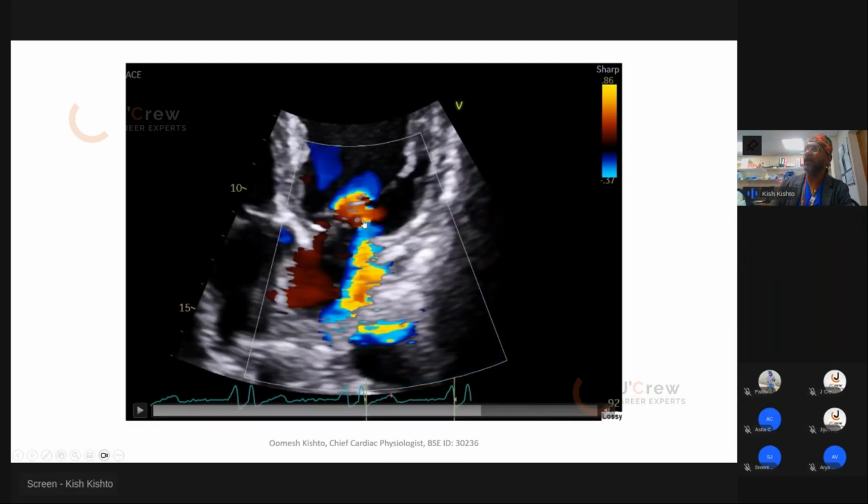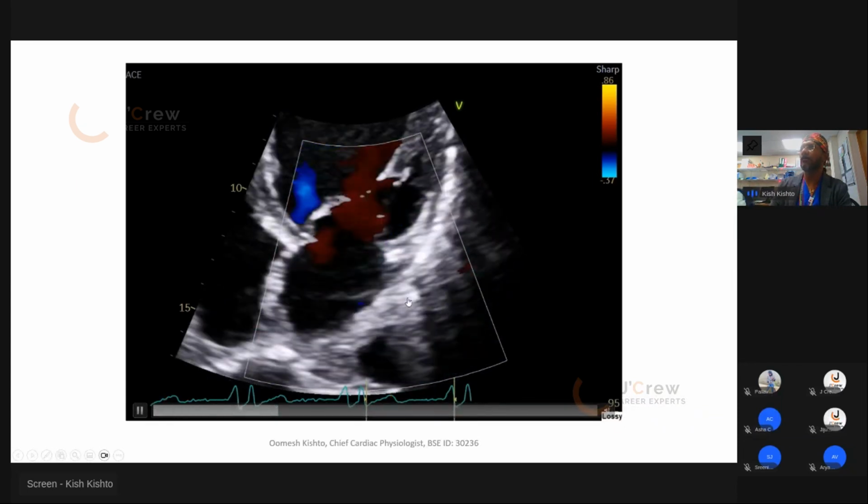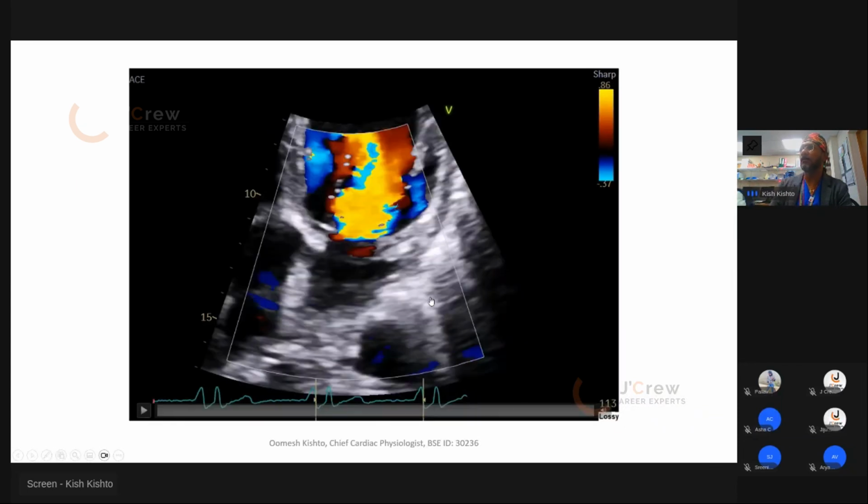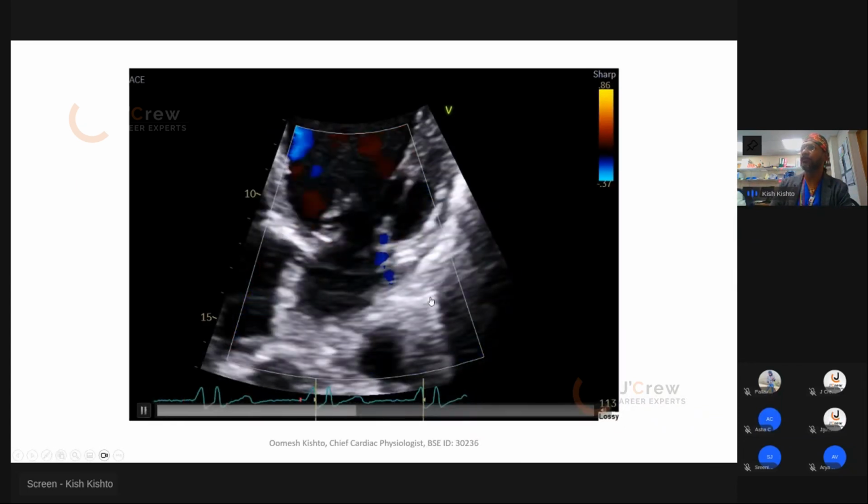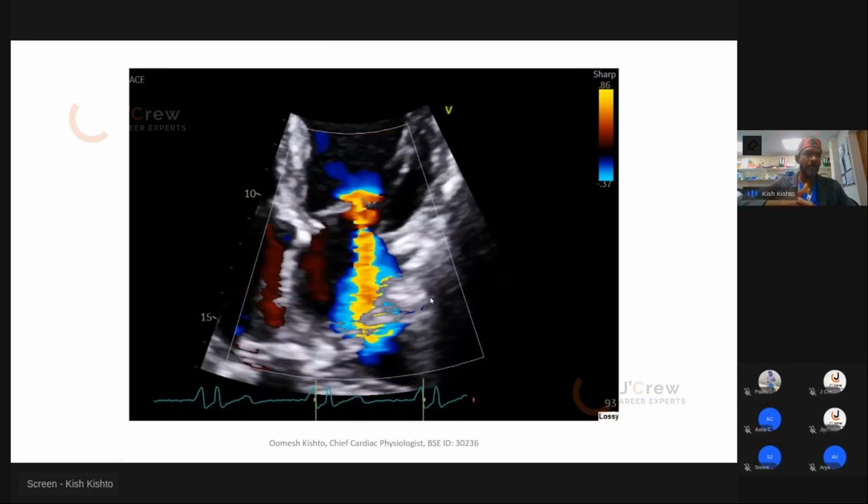Now you can measure your PISA and your regurgitant volume. I've tried to pan around a bit because sometimes in just one view you can't get it correctly. Try to tilt your probe up and down gently to see where you can get the most MR.